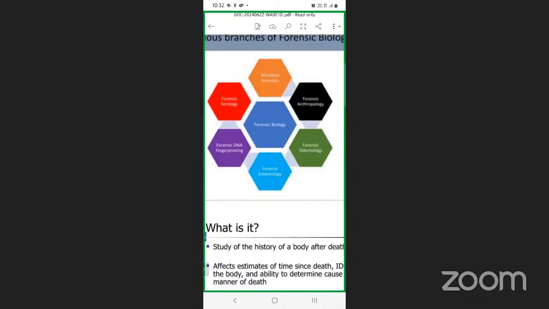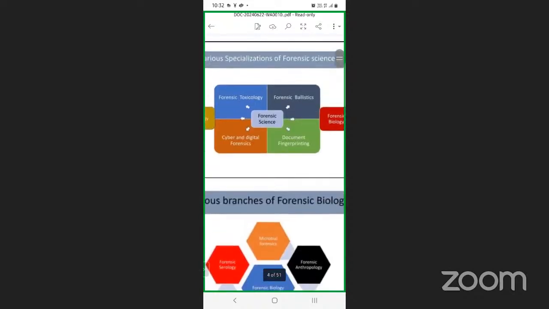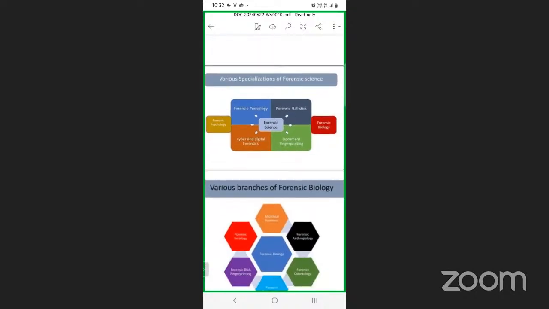These are the different branches to which we give the material collected from the body. This way, we need many specializations in forensic science to get the evidence of that particular body.